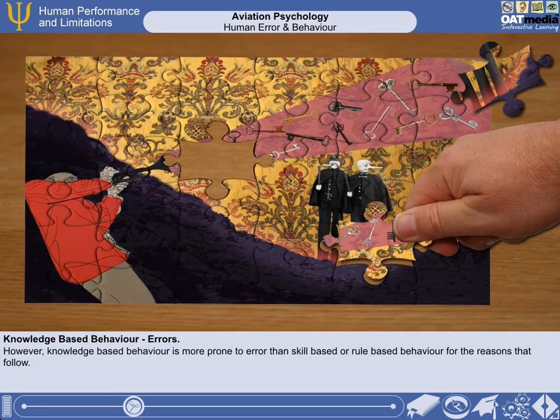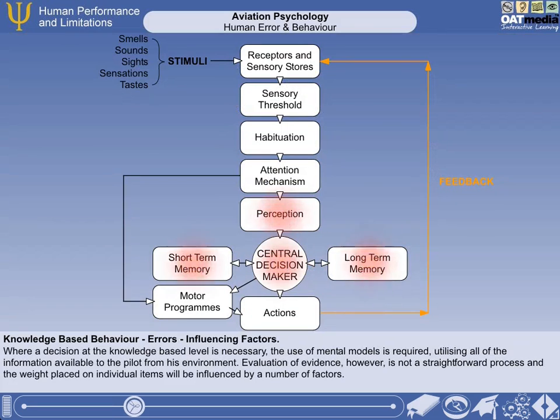However, knowledge-based behaviour is more prone to error than skill-based or rule-based behaviour for the reasons that follow. Where a decision at the knowledge-based level is necessary, the use of mental models is required, utilising all of the information available to the pilot from his environment.